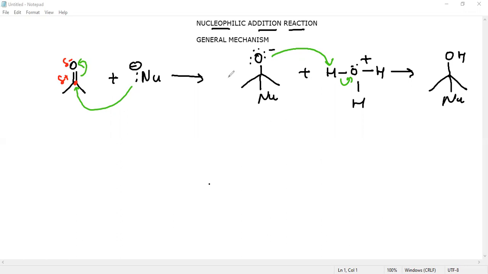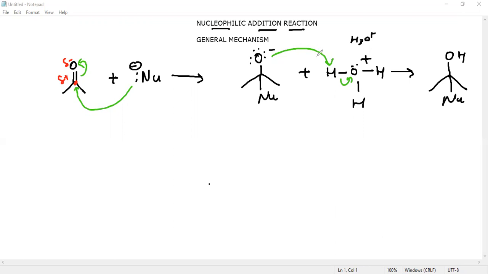Now this oxygen will grab an H from the hydronium ion. This is H3O positive, 3 hydrogens and 1 oxygen. Because oxygen is electronegative, the shared pair of electrons lies more towards the oxygen, and this H will be slightly positive.